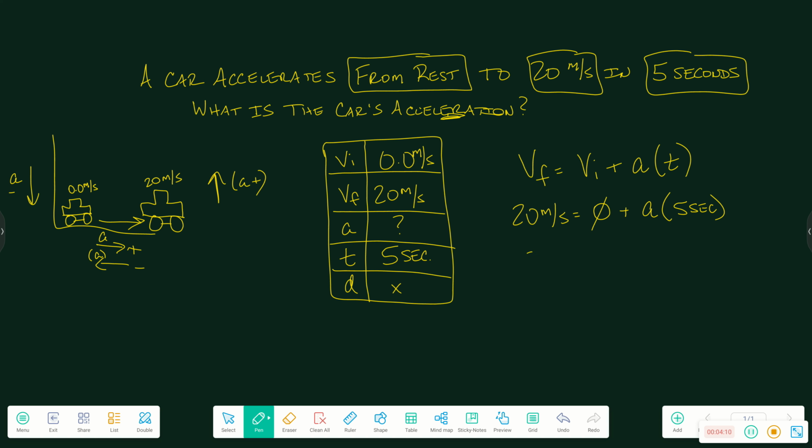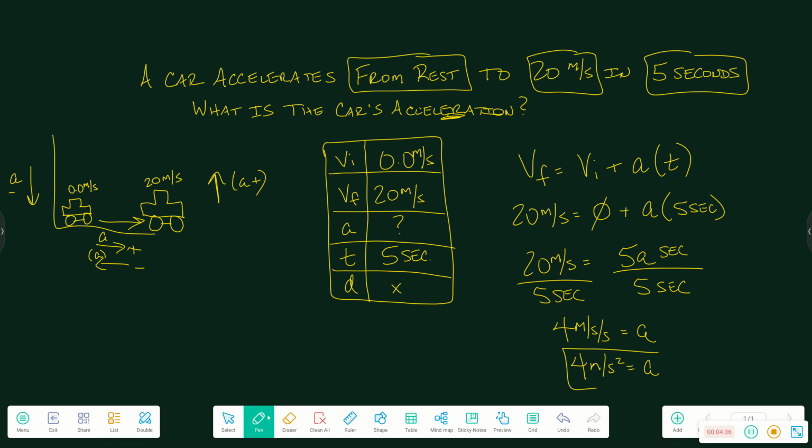Now you just solve. 20 meters per second equals 5A, which is actually in seconds. Remember that. How do you get acceleration? You divide by 5 seconds to get A by itself. And you're left with A equaling 20 divided by 5, which is 4 meters per second squared.